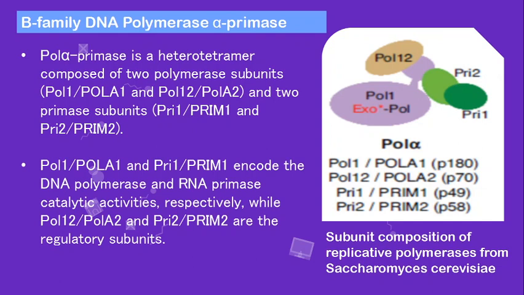At the replication fork, this polymerase alpha primase interacts with the protein CTF4 associated with the GINS protein complex. This polymerase 1 primase occupies the unwound lagging strand for repeated priming, so it goes and occupies a region in the lagging strand and synthesizes repeated primers.